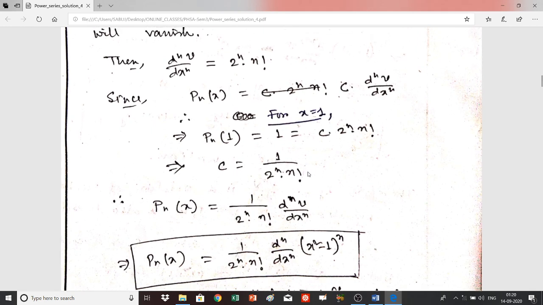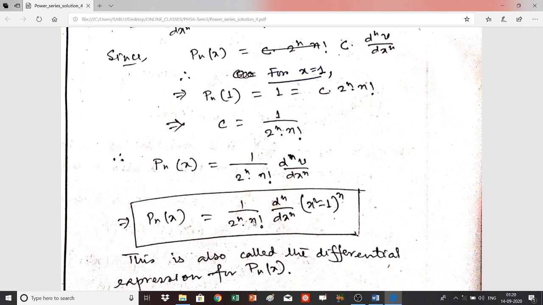So finally, what you want to find, that is P_n(x) is equal to 1 by 2 to the power n into n factorial, d^n by dx^n. The Legendre polynomial can finally be written like this.